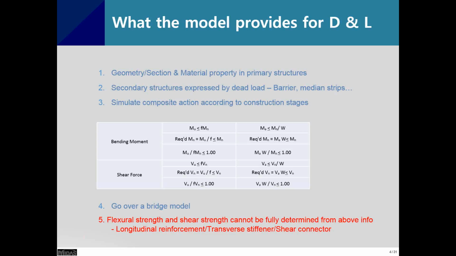Beforehand, I want to say that flexural strengths and shear strengths cannot be fully determined from the modeling informations, because when you are calculating flexural strengths of the girder sections, you might need more information such as unbraced length to consider the lateral torsional buckling. Also when you use transverse stiffeners, I mean the shear stiffeners, it will increase the shear capacity.